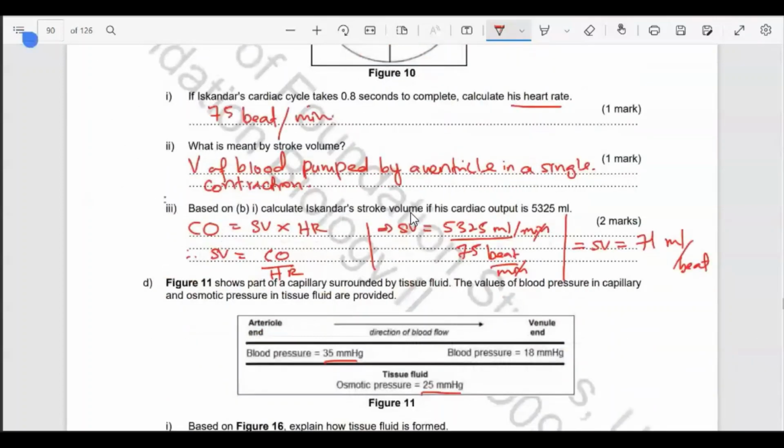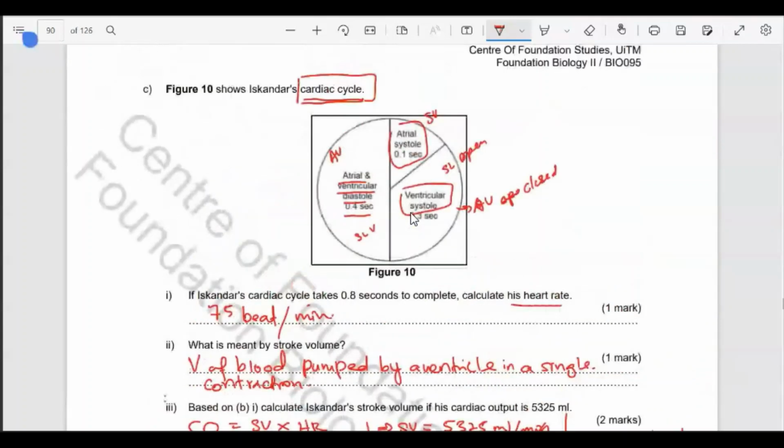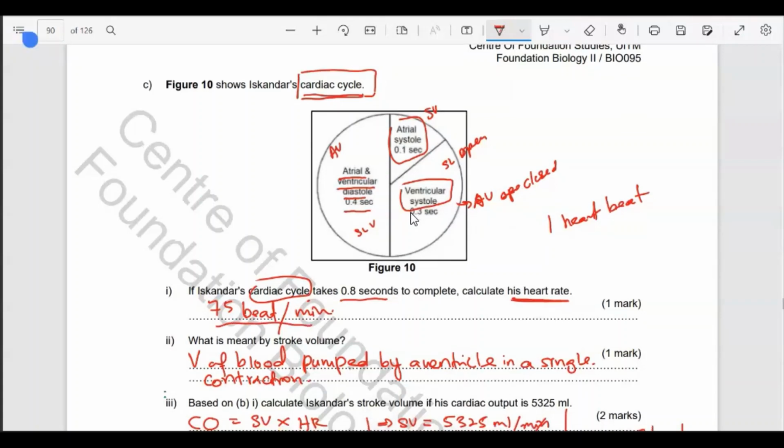So these are the stages of the cardiac cycle. The total duration of the cardiac cycle is 0.8 seconds. The cardiac cycle indicates one heartbeat. One cardiac cycle is one heartbeat. You know that for a normal healthy person, the heart rate is 75 beats per minute.